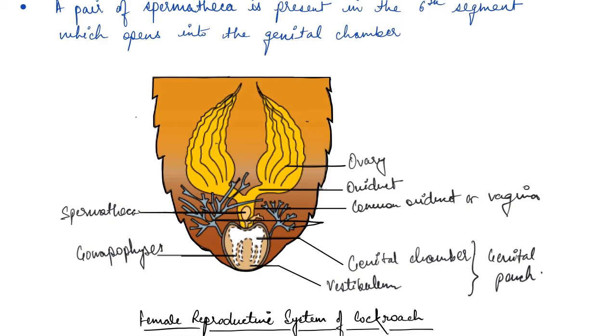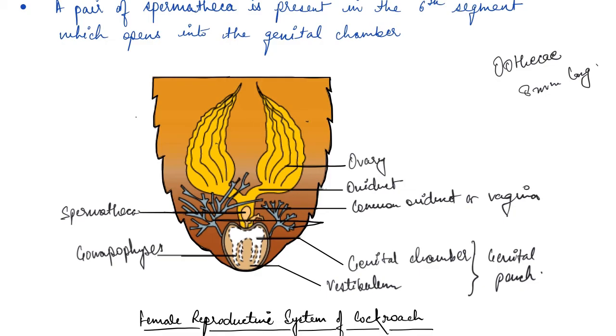Now, what happens in fertilization is that the sperms are transferred through spermatophores. Now, these sperms fertilize the eggs, and the fertilized eggs are encased in capsules which are known as oothecae. These capsules are around 8 millimeter long. Now they are either dropped or glued to a suitable surface, right?